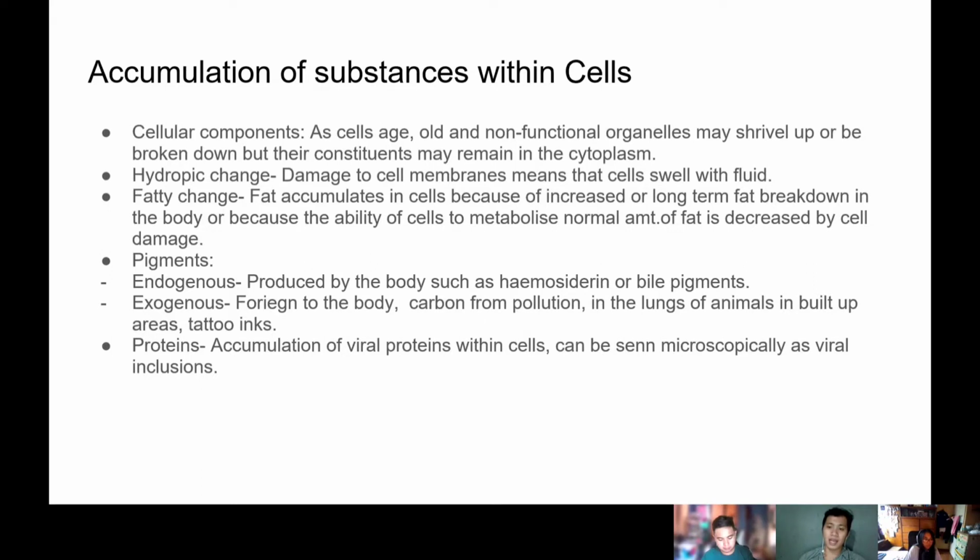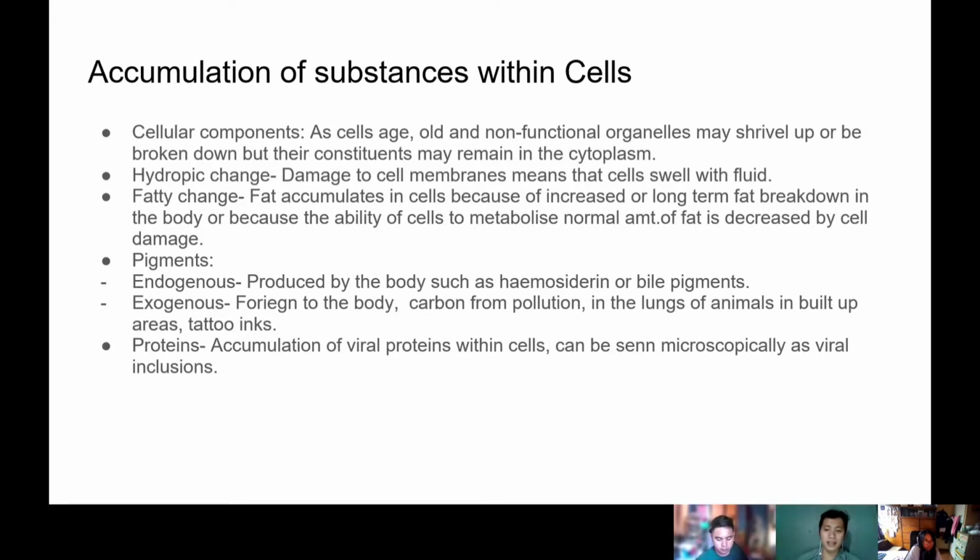They tend to accumulate as fatty, protein, or crystal deposits and can often be seen when the cells are examined under the microscope. Second is hydropic change, which is cloudy swelling. Damage to cell membranes means that cells swell with fluid. It occurs in many cell types, an example being the early stages of liver cell damage by toxins.